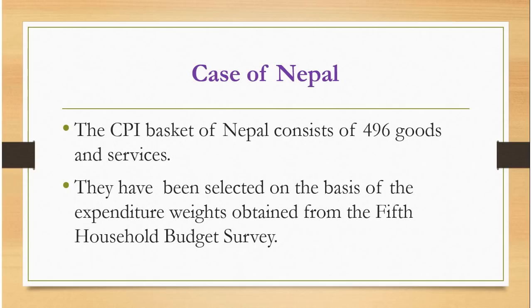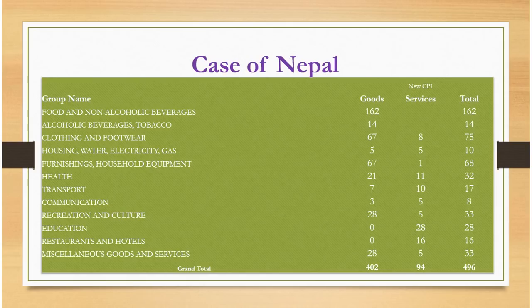So now we go to the case of Nepal. In Nepal, the CPI basket consists of 496 goods and services. Such a number has been selected on the basis of expenditure weights derived from the 5th Household Budget Survey. So this is an overview of the 496 goods and services included in Nepal's CPI.